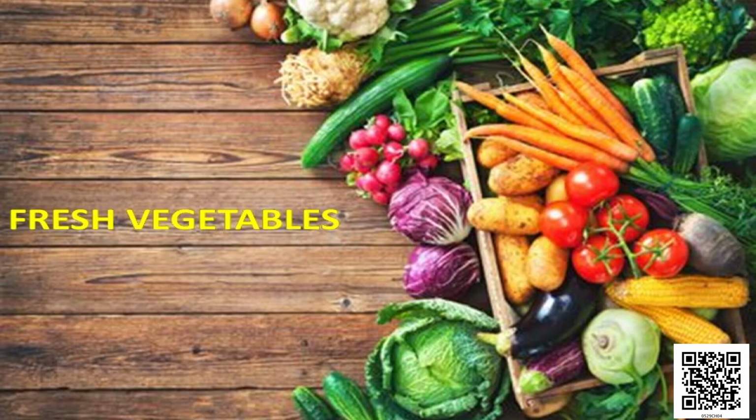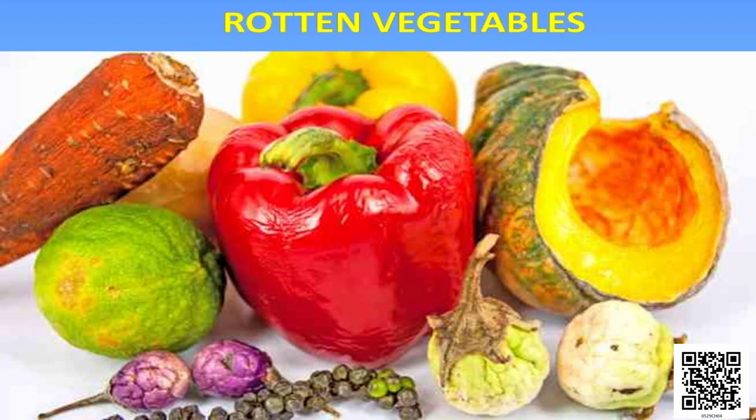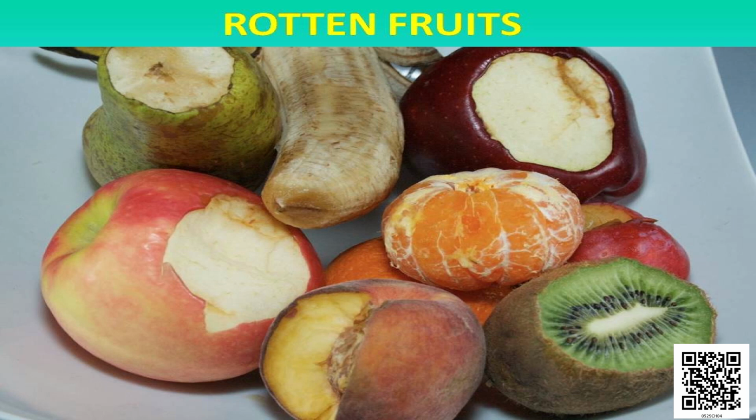And now, yes, what I was about to say, that is rotten vegetables. If you do not put all those things inside your refrigerator, then definitely this is going to happen. So, neither do you like to smell it, nor do you like to have it. So, these are the conditions of the vegetables. Then see the condition of the fruits also, because these were not kept inside the refrigerator.